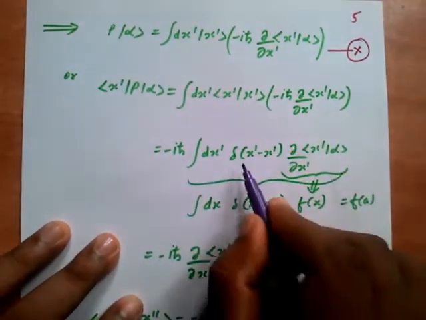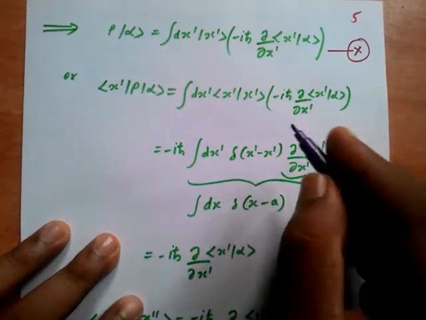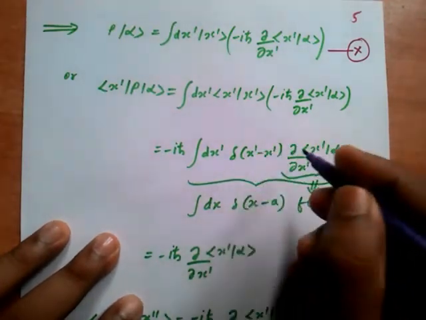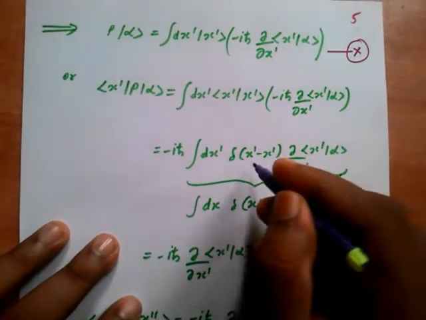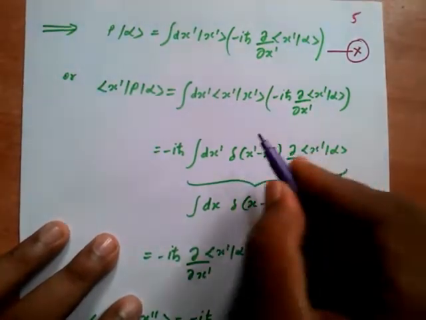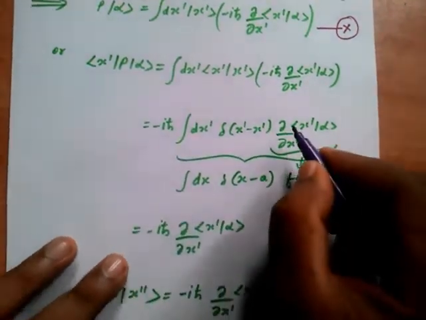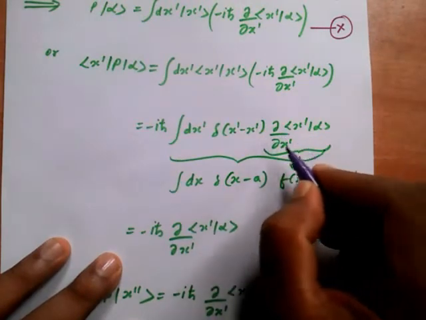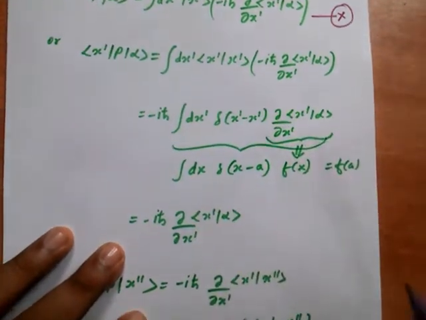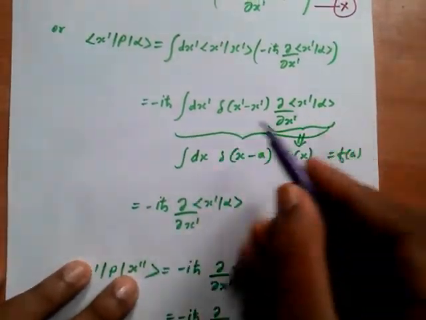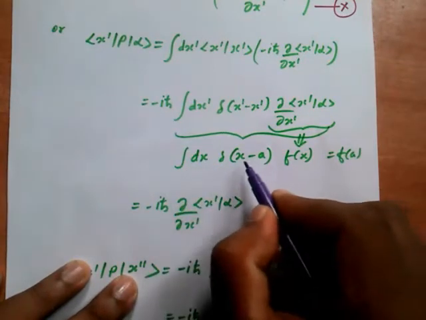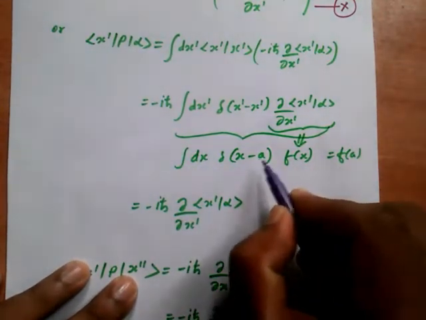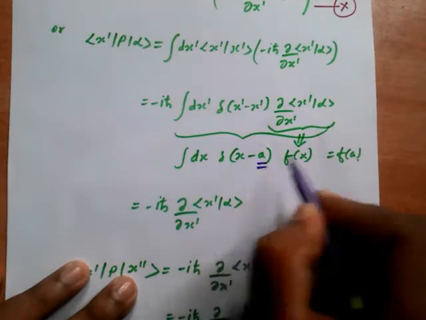This we can write as, just for the sake of this equation, delta x dash minus x dash. This is equal to 0, but we can write in this format, dou by dou x dash alpha. Okay, that is in the form of integral dx delta of x minus a f of x, that is equal to f of a.